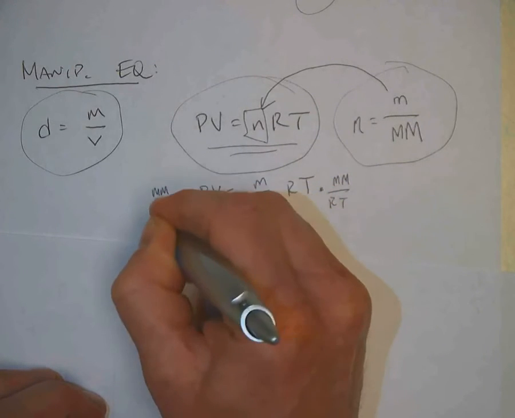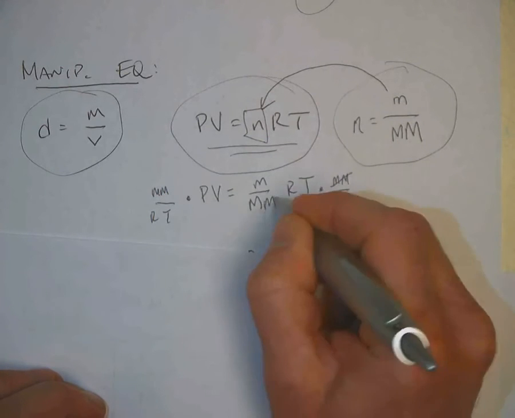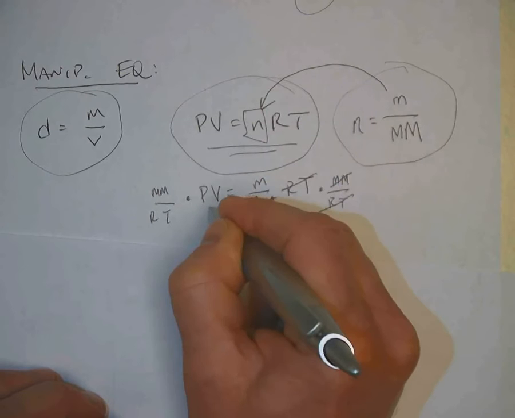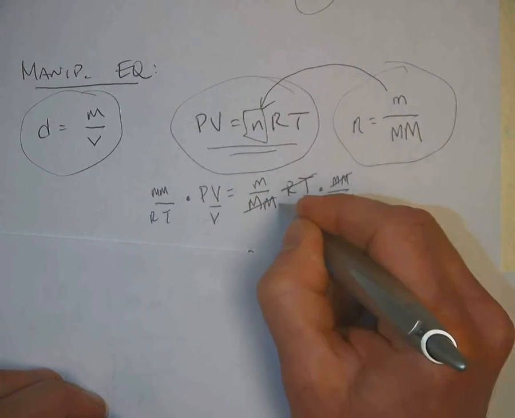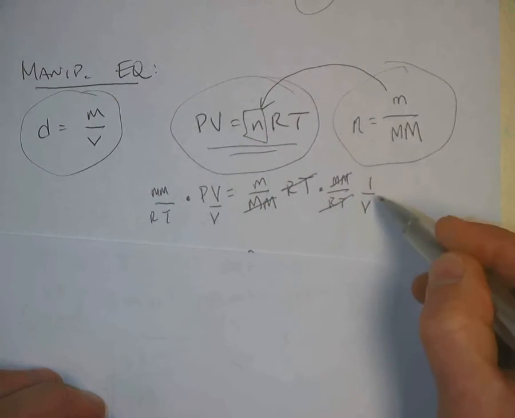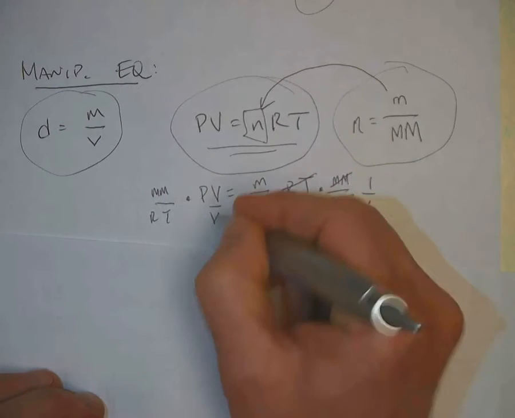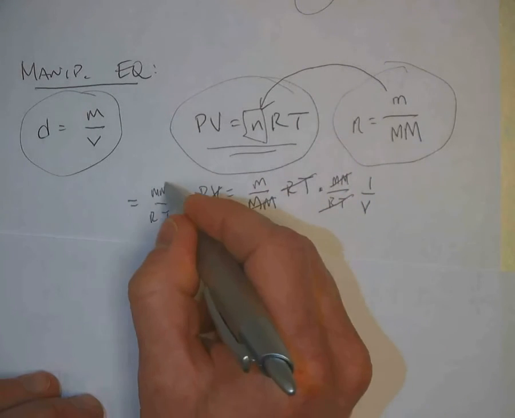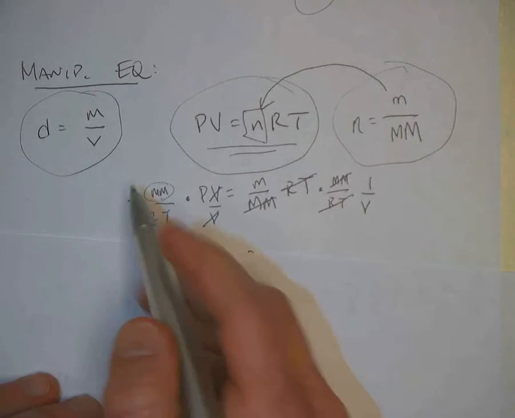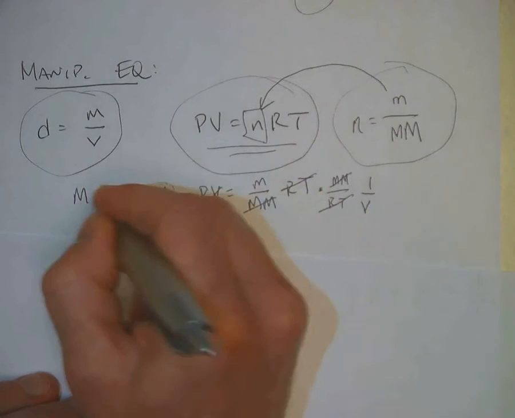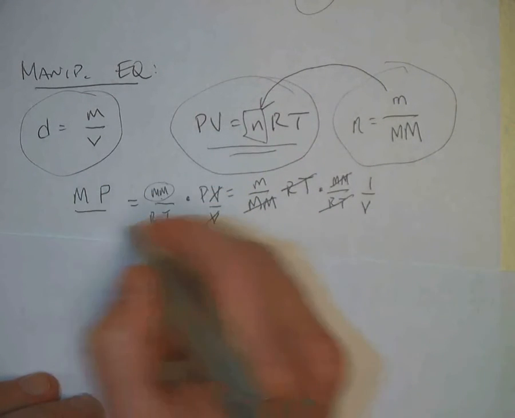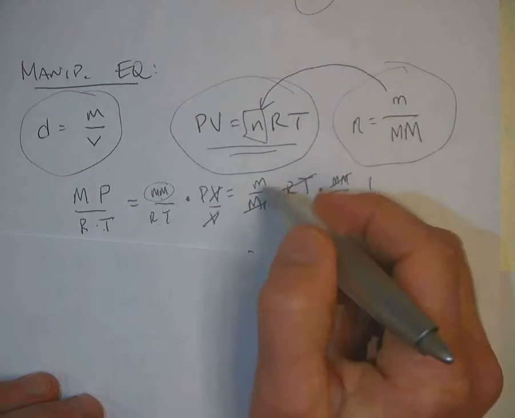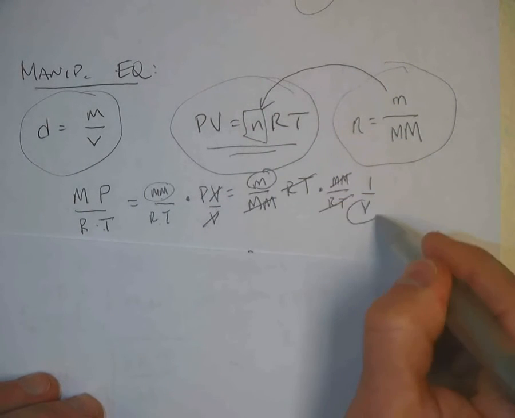Notice the MM and the RT now cancel with one another over here. And lastly, I'm going to divide this side of the equation by volume, which means I need to divide this side of the equation by volume. The V's cancel, and I'm now left with capital M, which is molar mass, times pressure, divided by R times T, and this is equal to m divided by V.